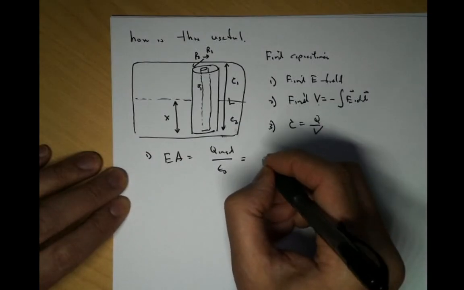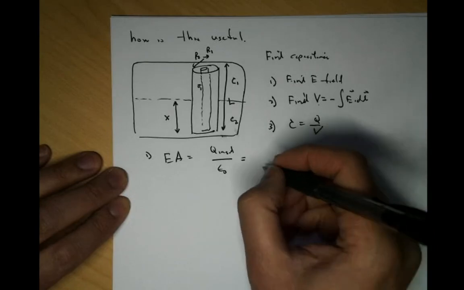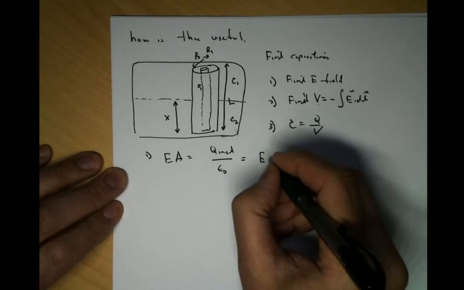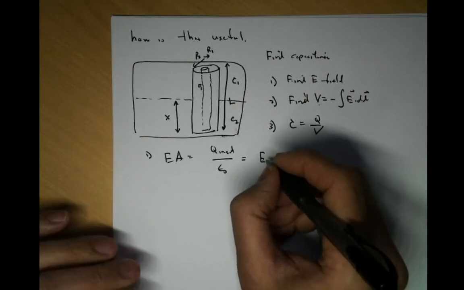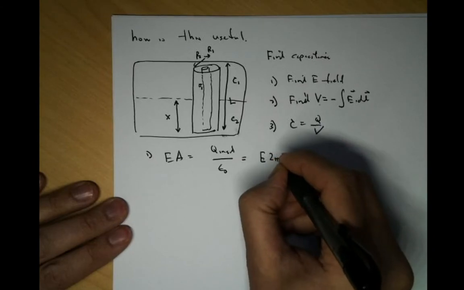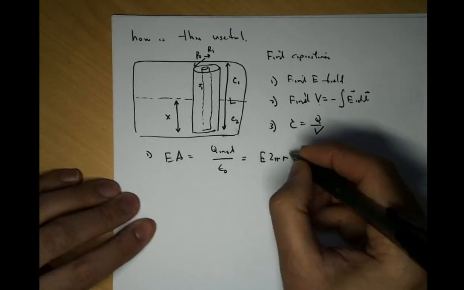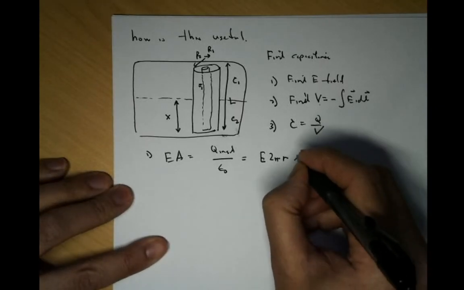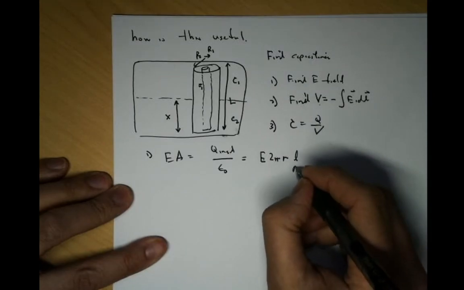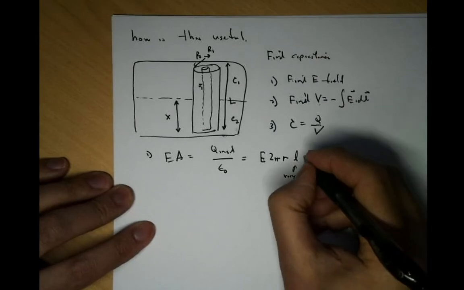So this is going to be equal to E times A, and I'm going to write this as 2 pi R times some distance L. And this L is going to vary later. I'm going to just find the general form first.